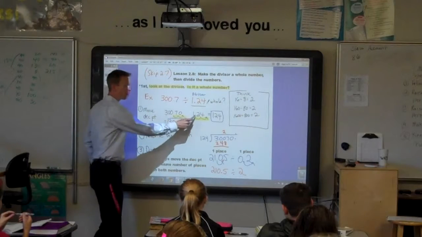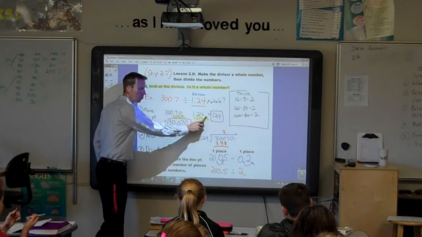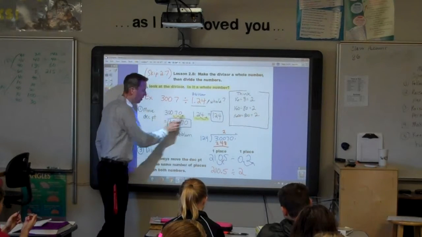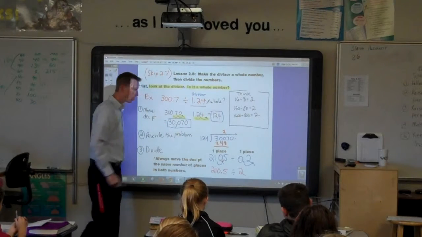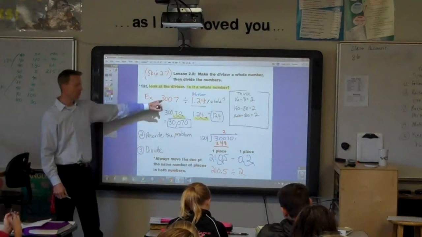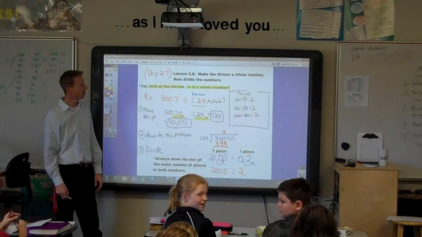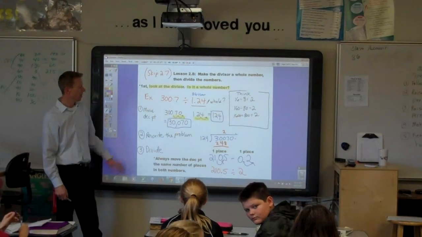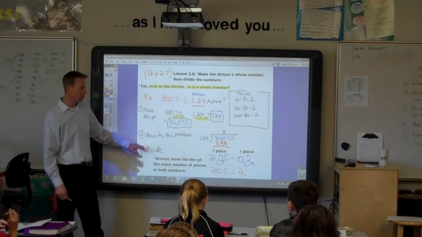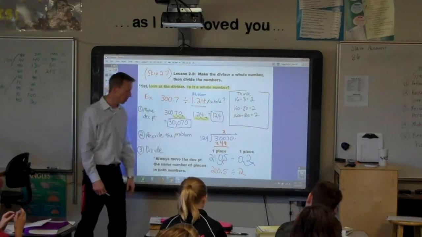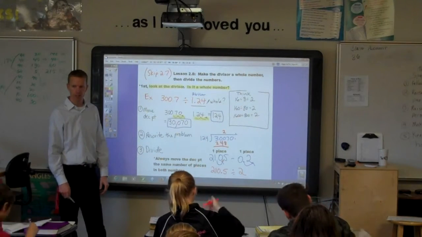And then whatever the number of places you move it out of the divisor, you have to move the same number of places in the dividend, the first number. Okay? So you rewrite the problem after you've made the divisor a whole number, and then divide it out.